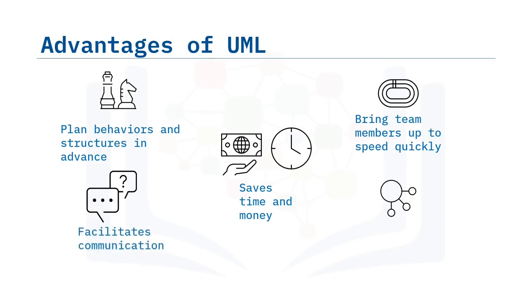Also, the diagrams can be used to facilitate communication between technical and non-technical audiences more easily. And finally, having a visual representation of the system allows developers to navigate the source code because they can see the relationships among modules. So there are many types of UML diagrams, but generally, UML diagrams can be classified as either behavioral or structural. We will discuss behavioral models next, and then object-oriented design.